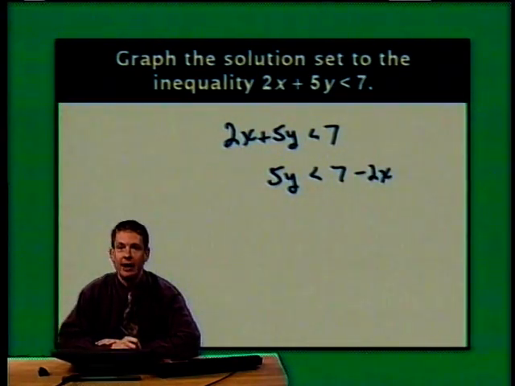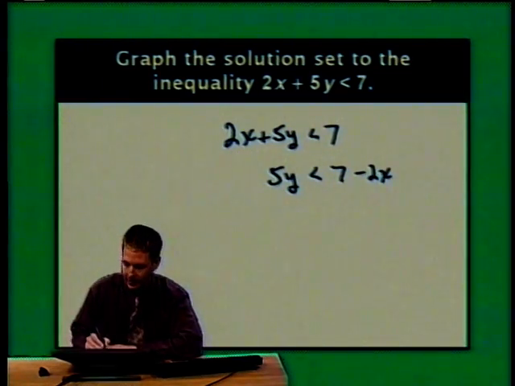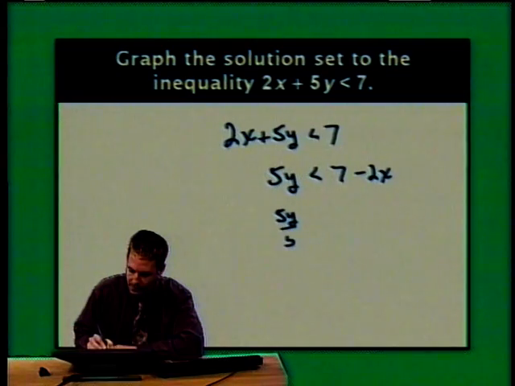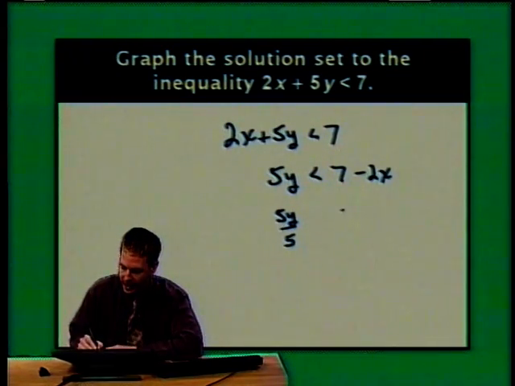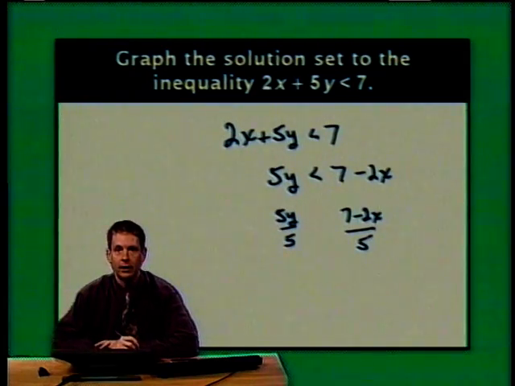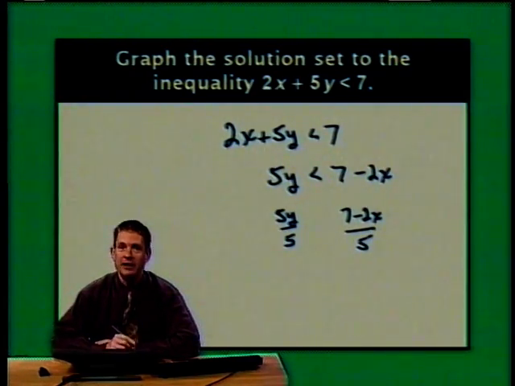Now, to completely isolate y, I need to divide both sides of the inequality by 5. So we have 5y over 5 on the left, and we have 7 minus 2x over 5 on the right. Now, you might be thinking, where's the inequality symbol? I'm reminding you that whenever you multiply or divide an inequality, you need to think about the sense of the inequality.